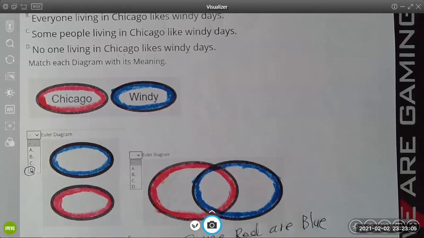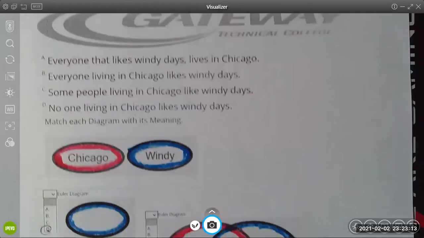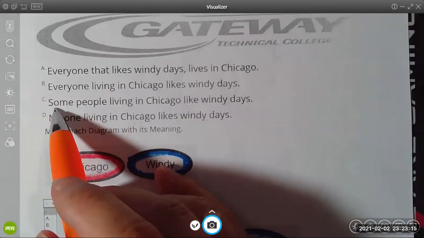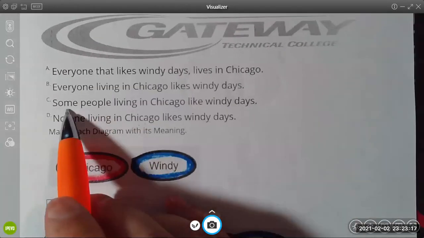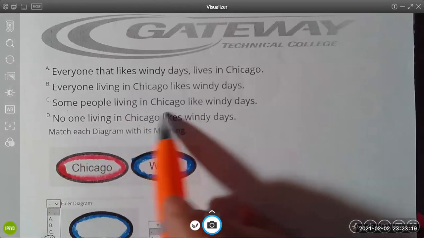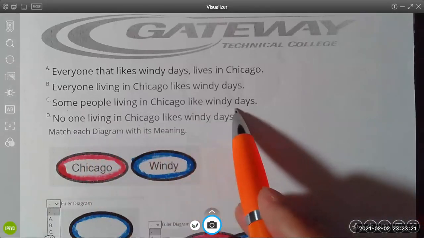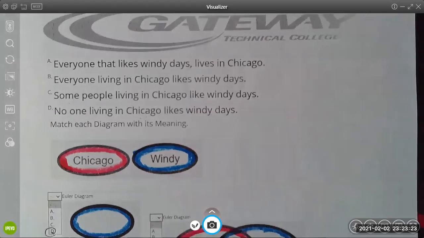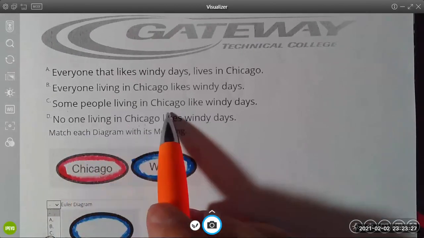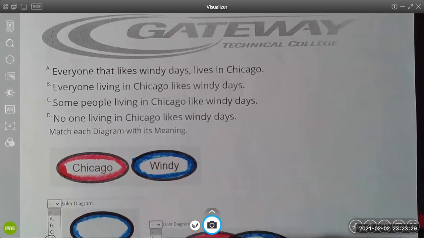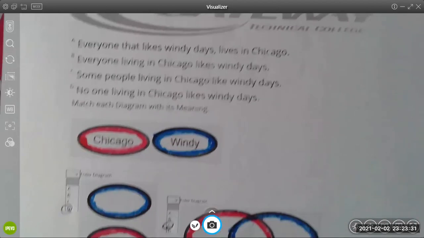It depends on which part they want us to have. So let's say we have to start with some. There's only one statement that starts with some. Some people living in Chicago like windy days, that means some red are blue. They are looking for this part. So some people living in Chicago like windy days, and that is C.